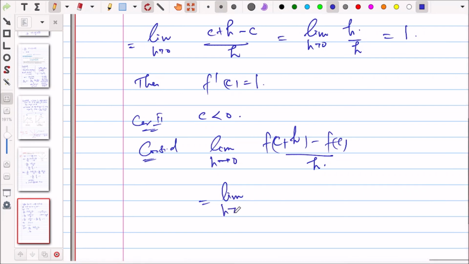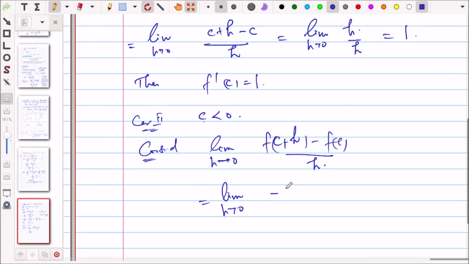So what will this be? Since c is negative, c plus h will be treated as negative. The sign of c plus h is the same as the sign of c, because h is very small, unless c is 0, in which case the signs of c plus h and c minus h would change. Otherwise c plus h and c minus h have the same sign as c. So because c is negative, c plus h will be treated as negative.